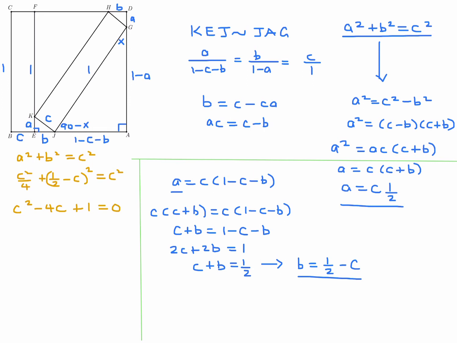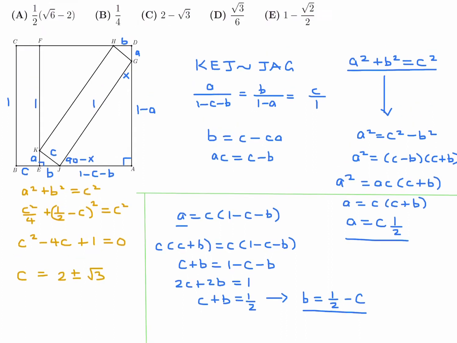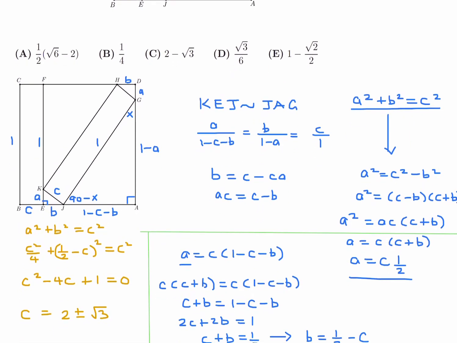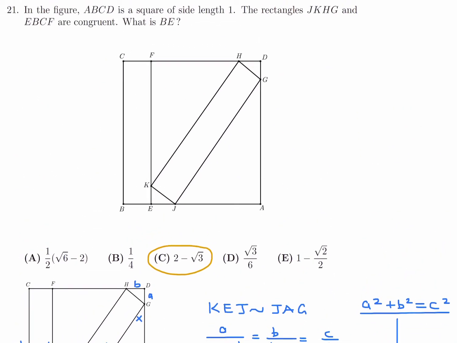And then use the quadratic formula on this, and when you do, you get C is equal to 2 plus or minus root 3. And of those, the answer choice listed is this one, C, for number 21.